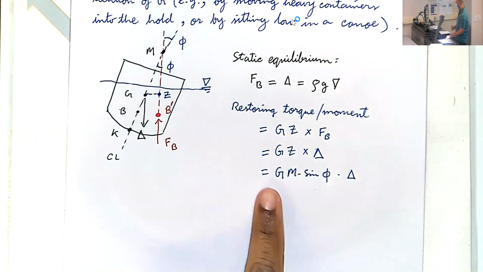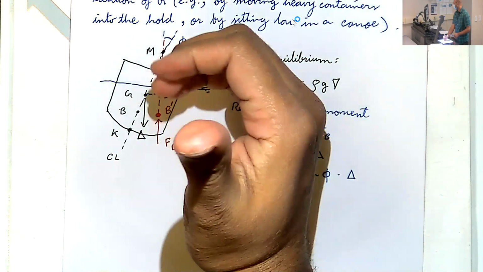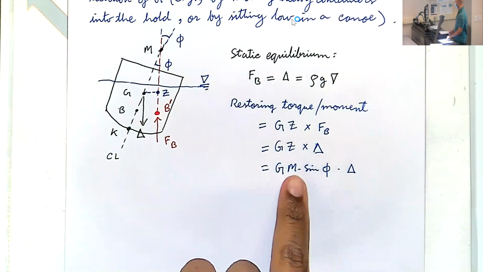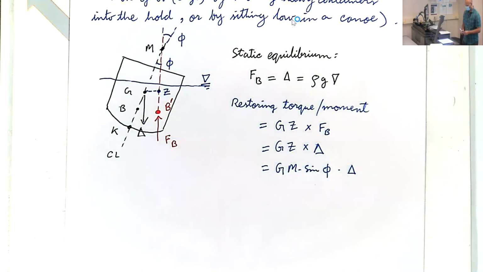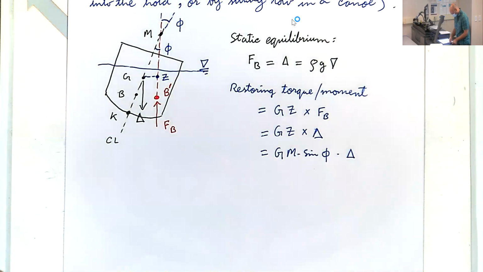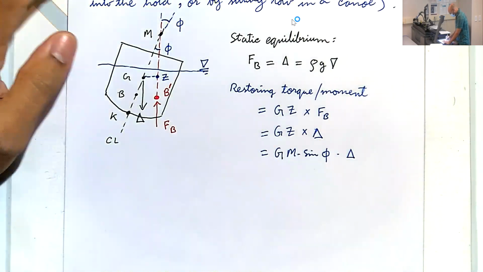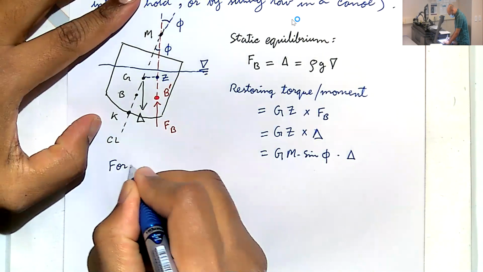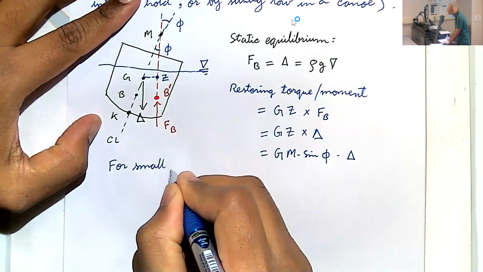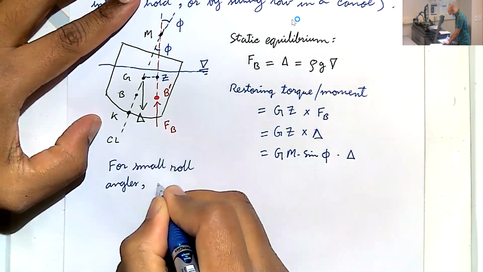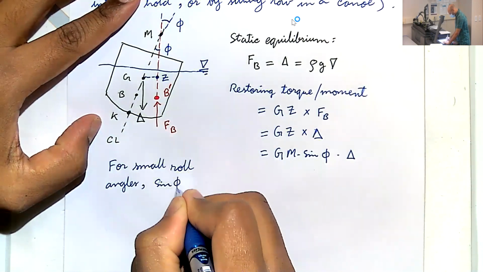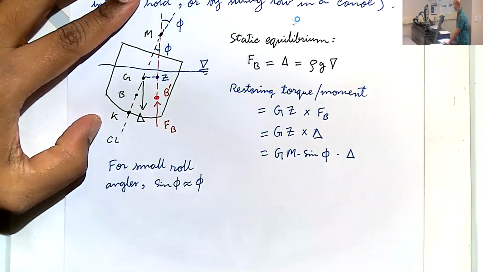As long as GM is positive, we get a positive restoring torque. If GM is negative, we get it the other way. That's not a restoring torque. That's actually the torque that will flip you over. And one more thing to remember here is for small roll angles, sine phi is nearly equal to phi in radians.